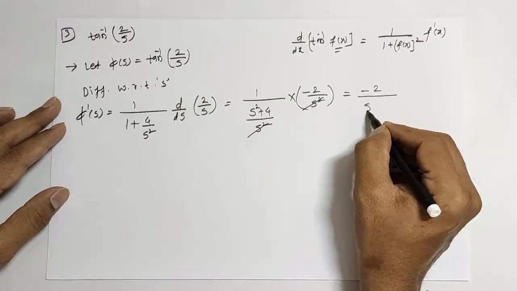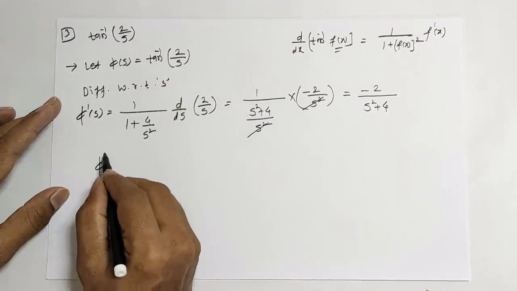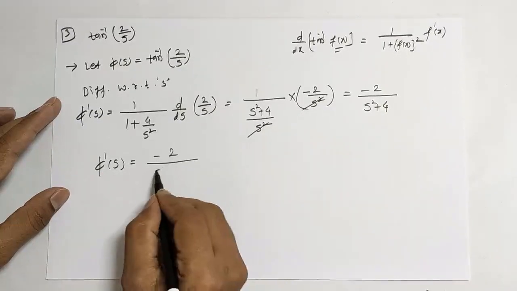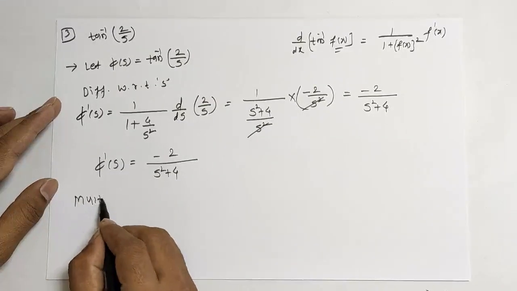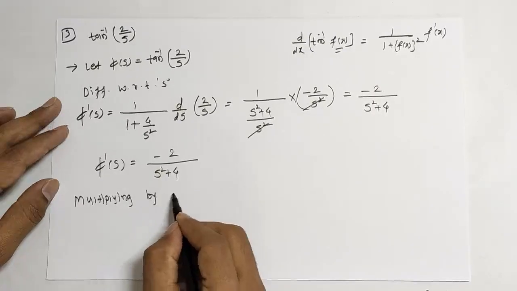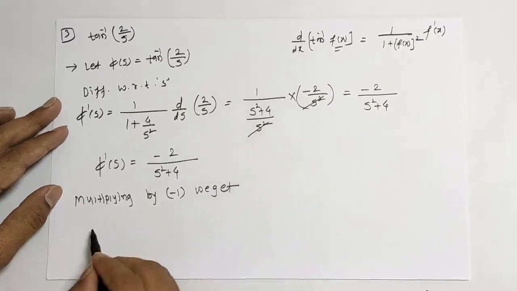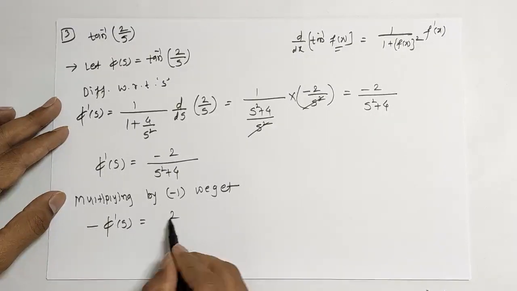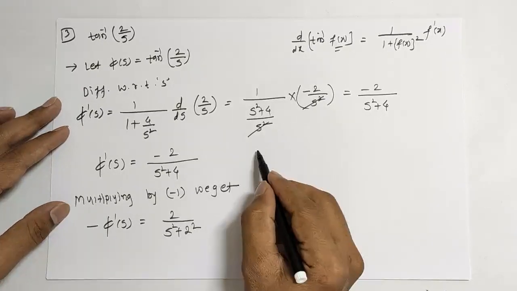So finally minus 2 upon s square plus 4, this is phi dash of s, minus 2 upon s square plus 4, multiplying by minus 1, we get. So minus phi dash of s is equal to 2 upon s square plus 4 is 2 square.